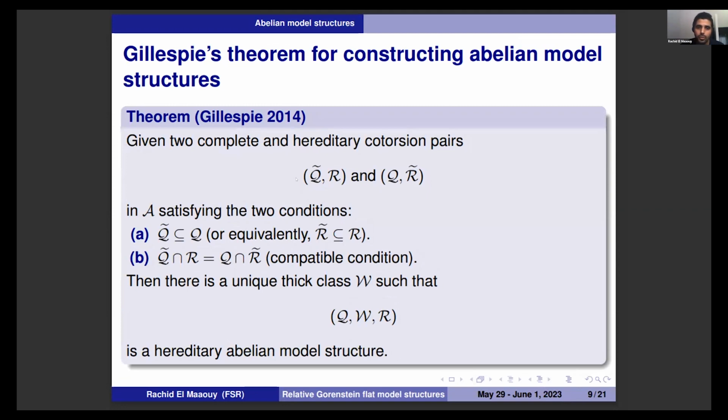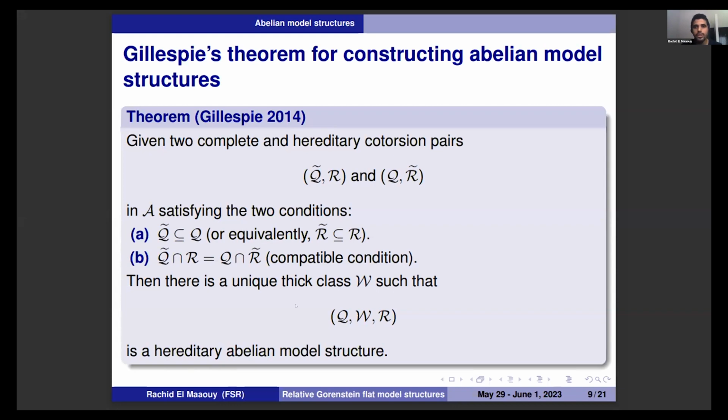If we have two complete and hereditary cotorsion pairs such that the first component of the first cotorsion pair is inside the first component of the second cotorsion pair, and the second assumption is that we have compatibility between the two cotorsion pairs, then there exists a unique class W such that we have an abelian model structure.